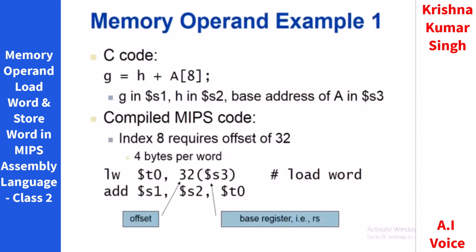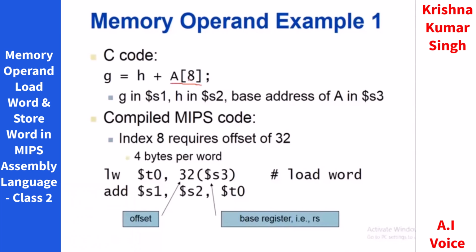Okay. Let's see how we can really load one data item from the memory and put it inside a register. Check this code in the C language: g equals h plus array index 8. The content of the array with index 8 should be read, added with the variable h, and stored in g.